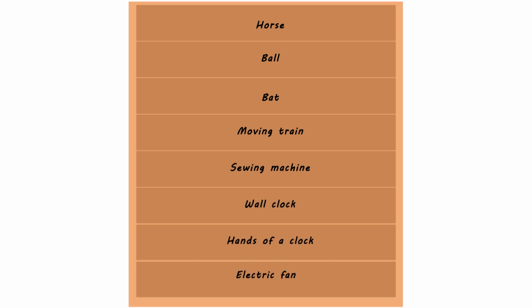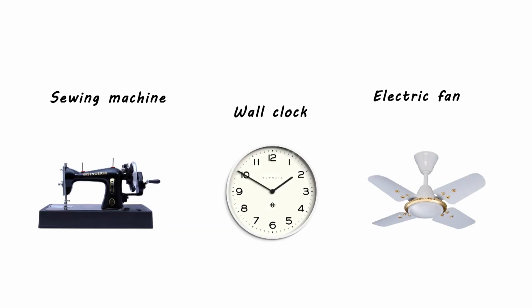So students, motion seems to be some kind of a change in the position of an object with time, isn't it? Remember the list that you had made a while back? Where did you place objects like the clock, a sewing machine, or an electric fan in the grouping of your objects? Are these objects moving from one place to another?